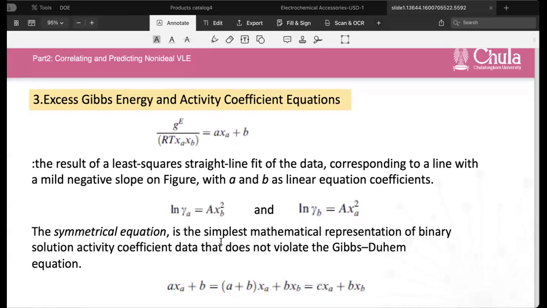Do you think that this symmetrical model is in agreement with the Gibbs-Duhem equation? You can try. You take the log derivative.